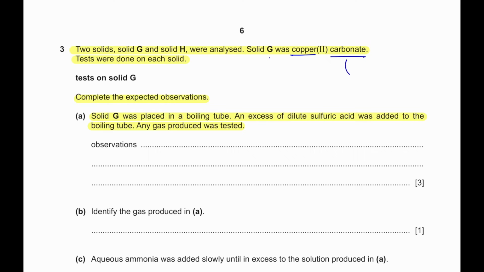So because there is presence of carbonate, it will give carbon dioxide. Because there is presence of copper 2 plus ions with the sulfuric acid, basically the copper sulfate solution will have a blue color and this solid will disappear. Also along with that, because of the carbonate and the carbon dioxide gas, we are going to see effervescence.